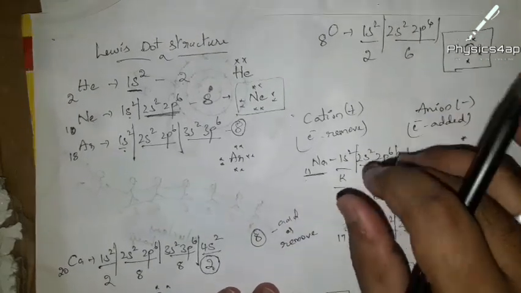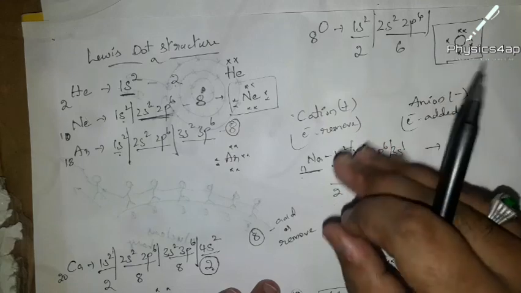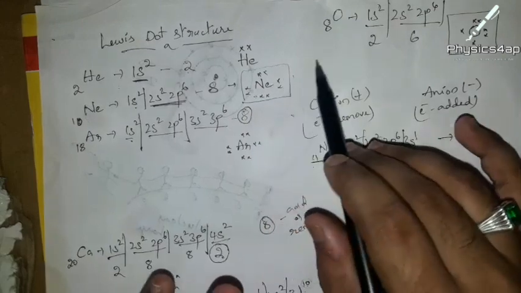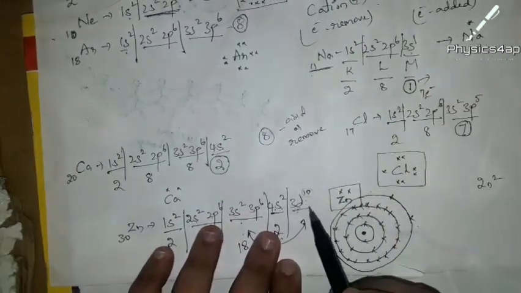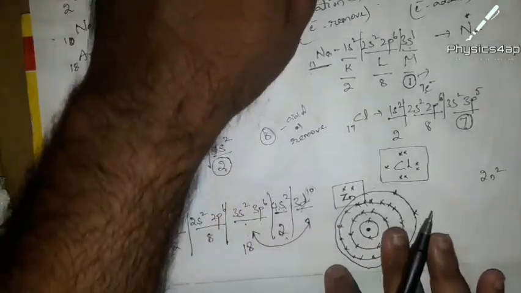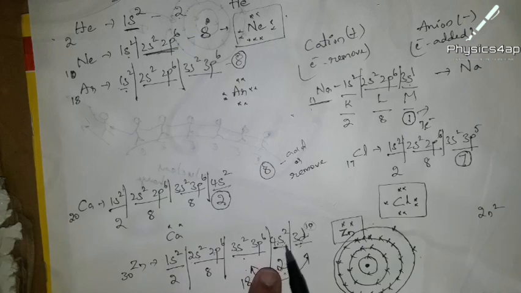And remember one thing, the maximum number of dots will be 8. It will not be more than 8. If you see more than 8, like 10, then revise the electronic configuration, see carefully where you are presenting the outermost shell, and draw it again.